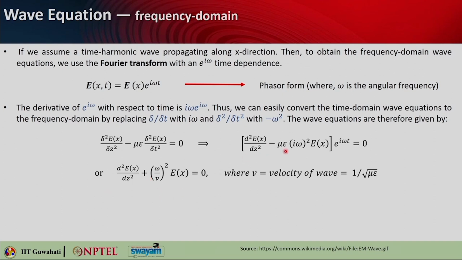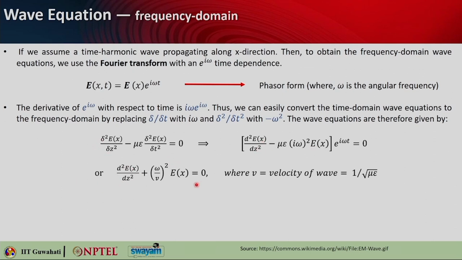So what do you have? You have mu epsilon omega square. So if you take the velocity of the wave v as 1 over square root of mu epsilon, you can write this term as omega over v whole square. Okay, and these terms remain as they are.